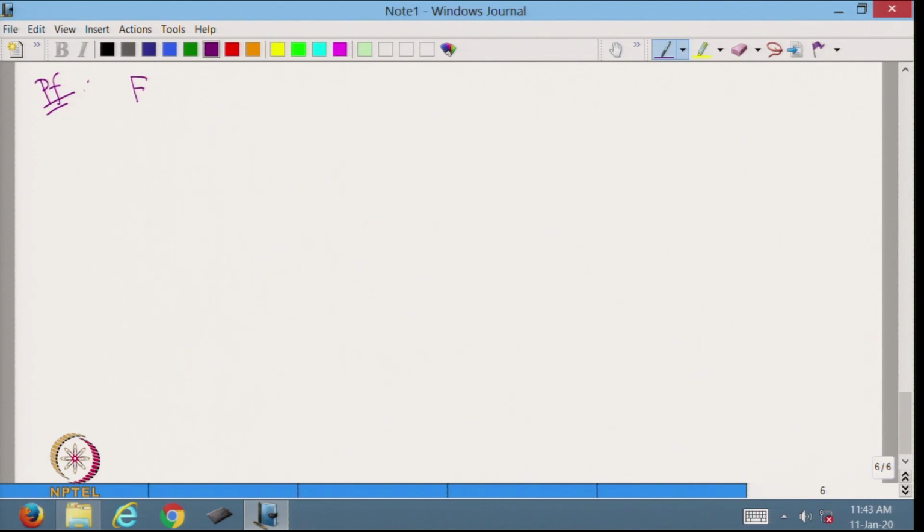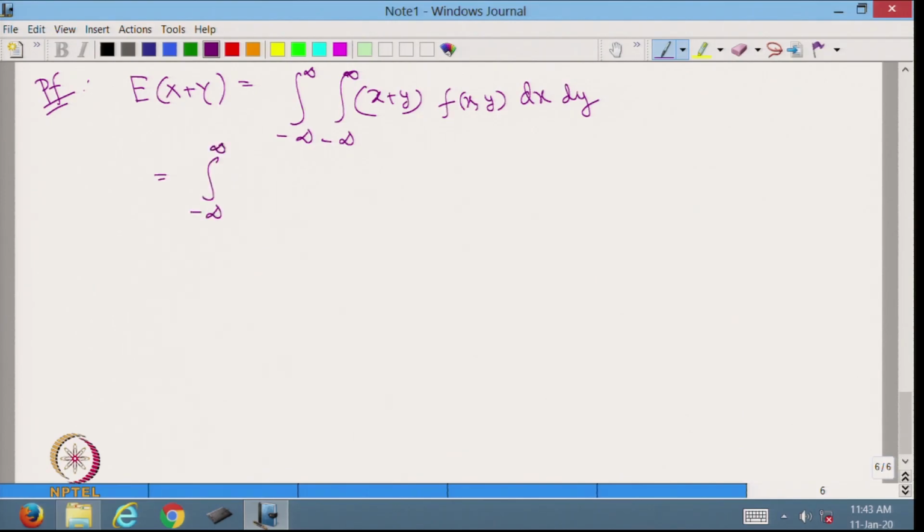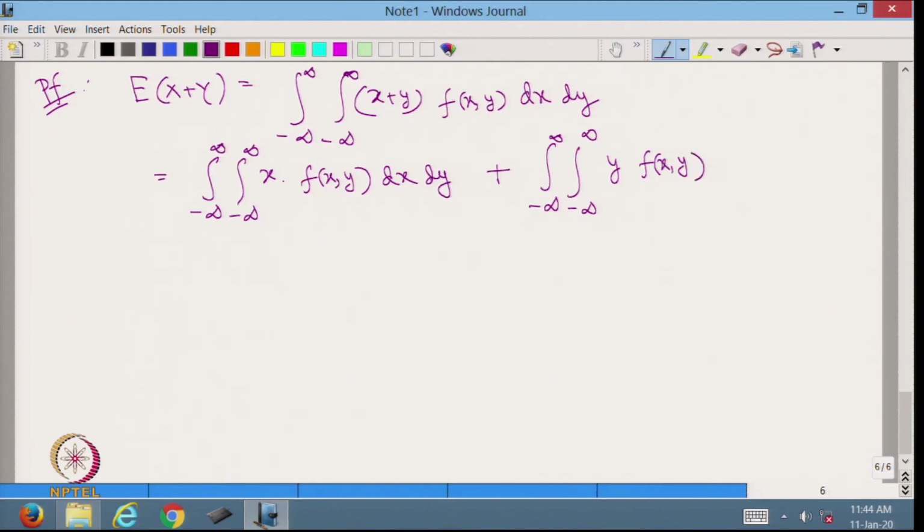Proof: the expected value of x plus y is equal to the integral from minus infinity to infinity of x plus y times f(x,y) dx dy, which is equal to the integral of x times f(x,y) dx dy plus the integral of y times f(x,y) dx dy.